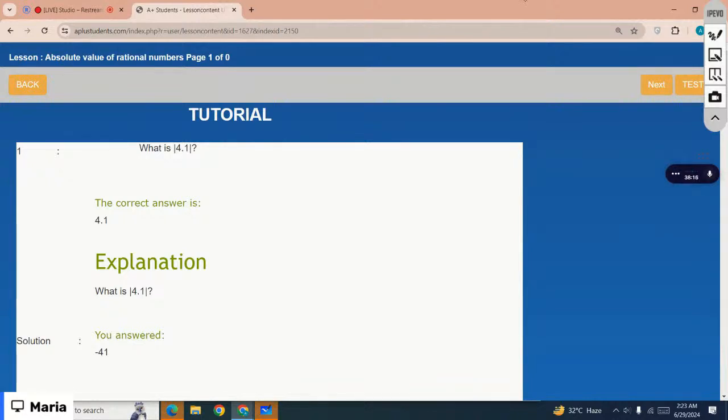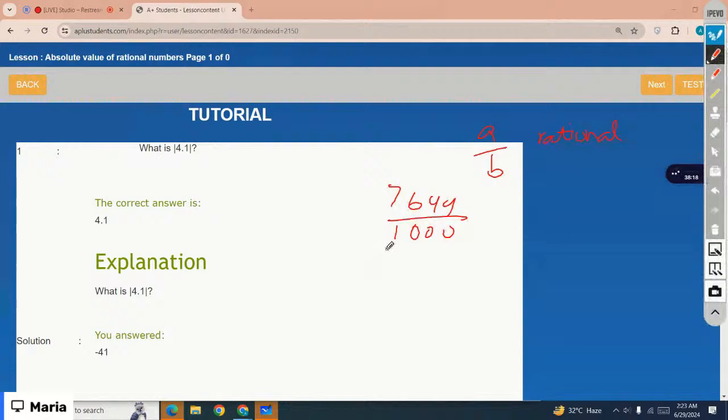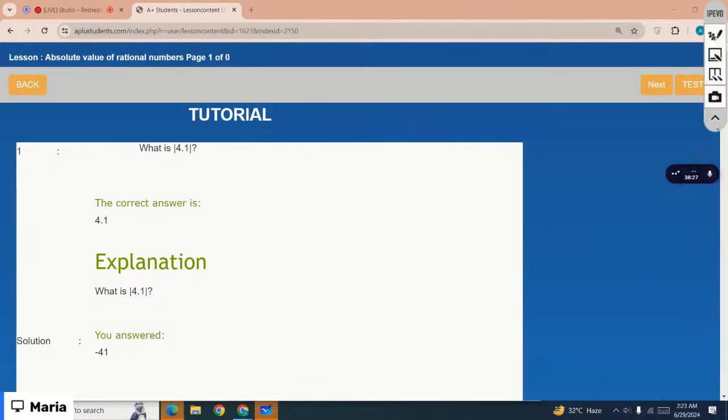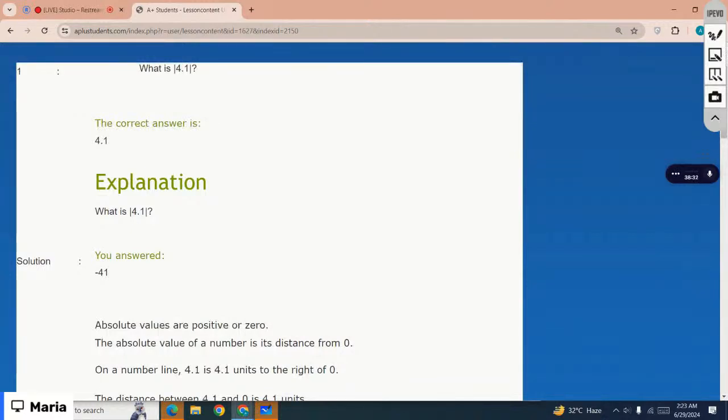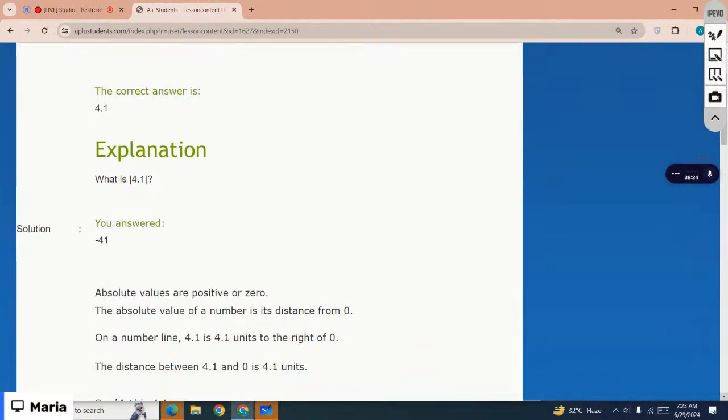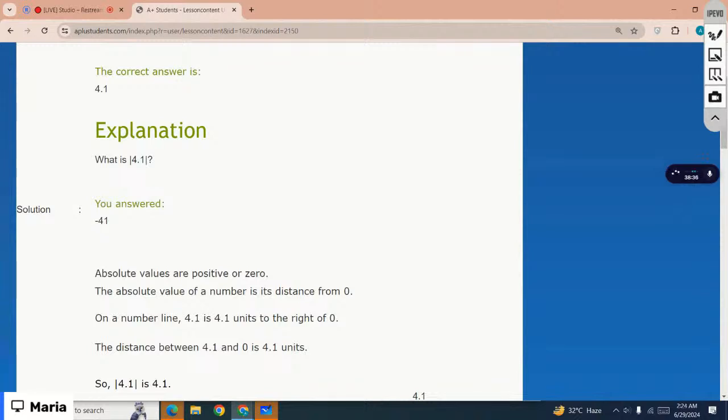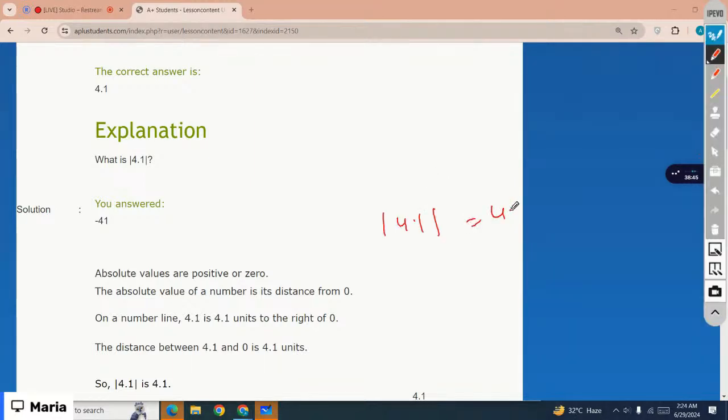Basically, these lines mean you need to calculate the absolute value of 4.1, right? So the first thing you need to learn is what the absolute value is. Absolute values are positive or 0. So the absolute value of 4.1 is 4.1 because that is already positive. So that makes 4.1, right?